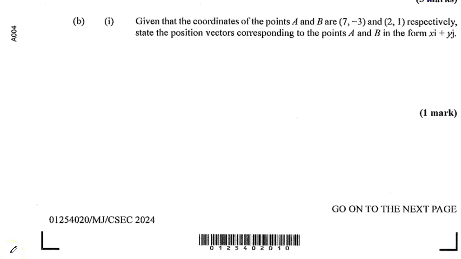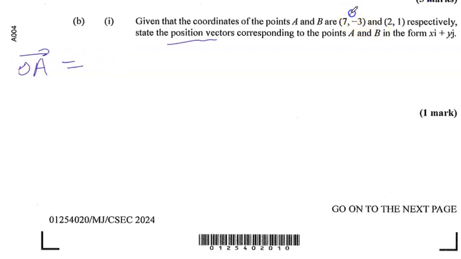So B part 1, given that the coordinates of the points A and B are (7, minus 3) and (2, 1) respectively, state the position vectors corresponding to the points A and B in the form xi plus yj. So position vectors is just what you have with O in front. So position vectors are OA, same as the coordinates.